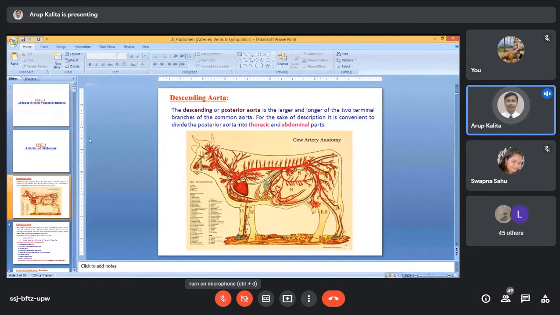So here in the photograph you see from the heart, this is the descending aorta. The descending aorta will give 4 branches in the thoracic region. They are bronchial, esophageal, dorsal intercostal, and phrenic branch.